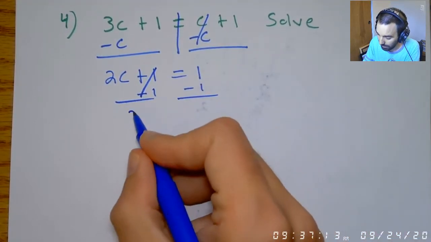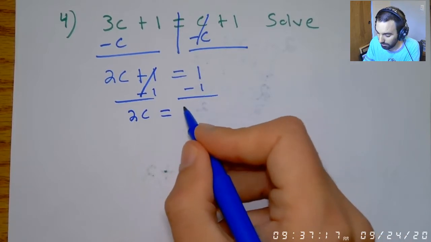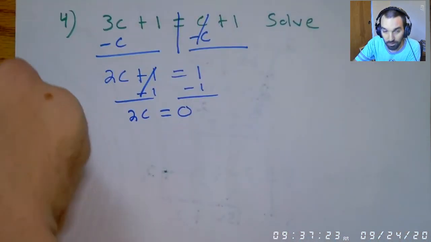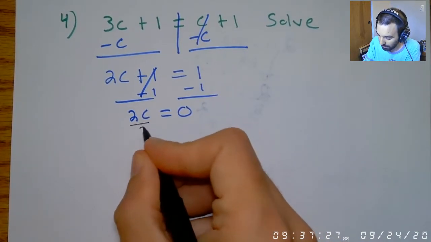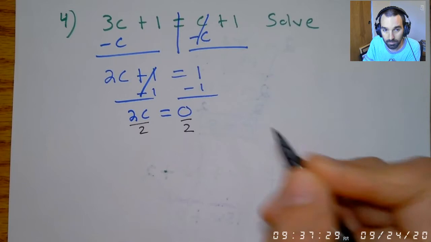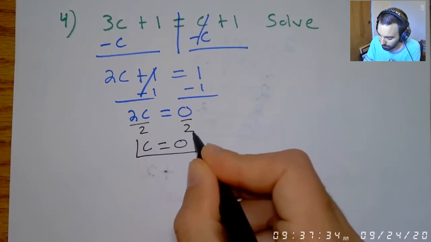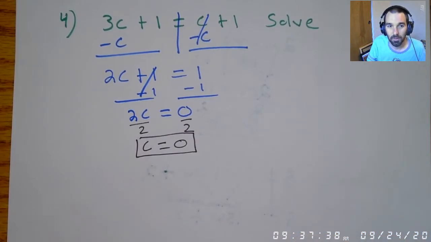Okay, so I get 2c equals 1 minus 1, that's 0, right? There's nothing wrong with 0. Okay, so I take a look here. I got 2 times c, so then I'm going to divide by 2. So I get c equals 0. Okay. And there's my answer.